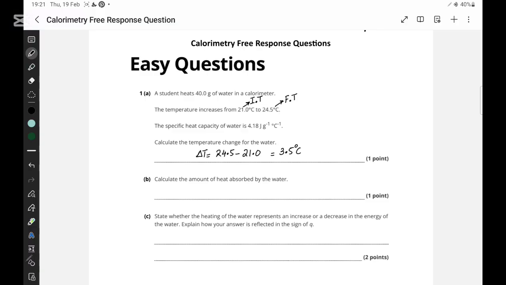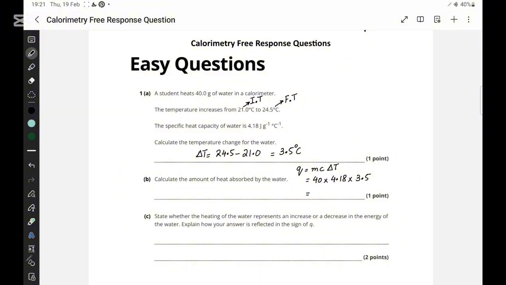Then in the next part they are saying calculate the amount of heat absorbed by the water. The heat absorbed by the water we can calculate by the formula Q is equal to mc delta T, where m is the mass of water, that is 40 gram, and C is the specific heat capacity, that is 4.18, and the temperature change comes out to be 3.5.